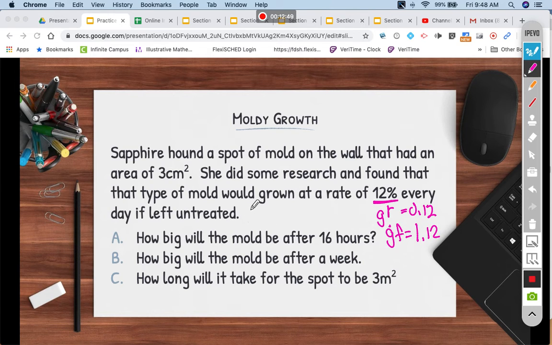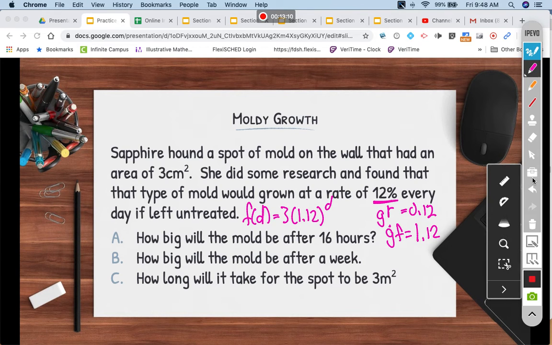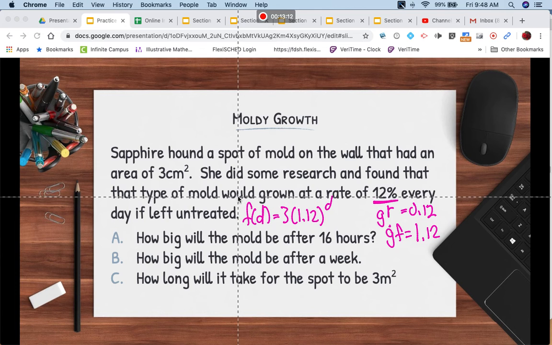So my function here is going to be f of x. I won't use x. This is every day, so let's go f of d equals 3 times 1.12 to the d power. And that's the function we are going to be working with as we try to do this.